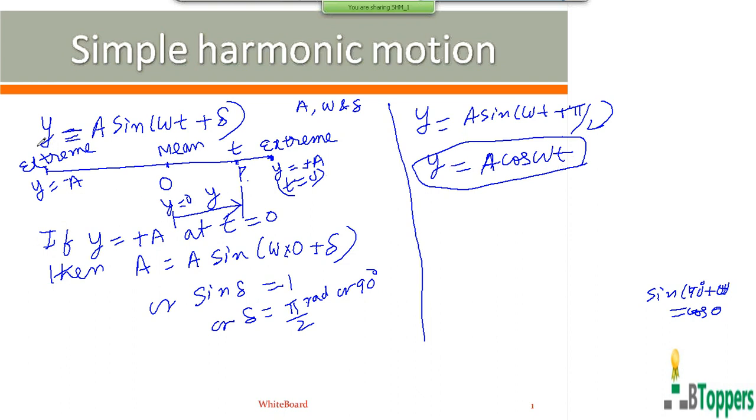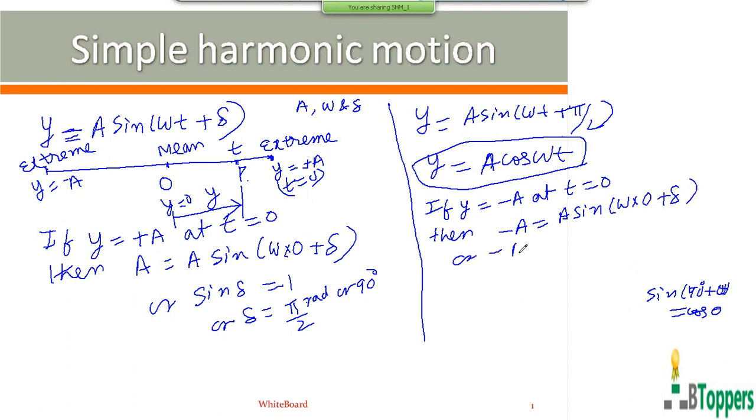The same way, if you start counting time when the particle is initially at the negative extreme position, that means y equal to minus a at t equal to 0, then you get minus a by a equal to sine delta, or sine delta is minus 1.